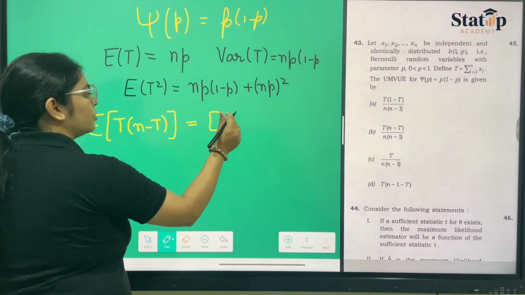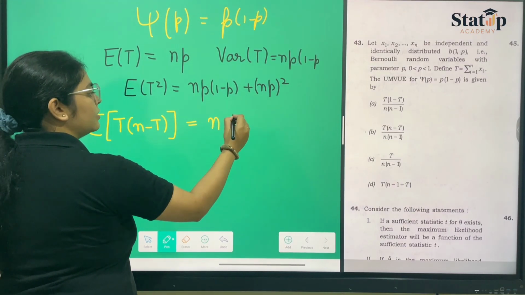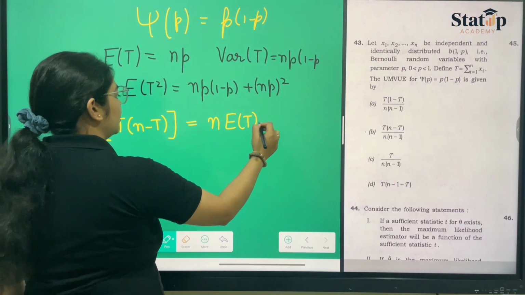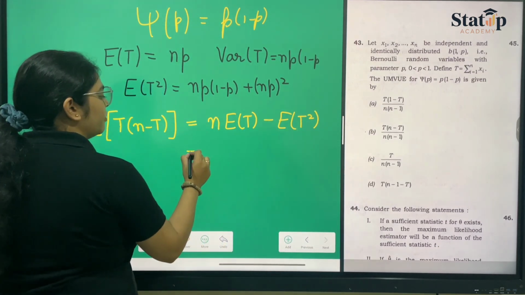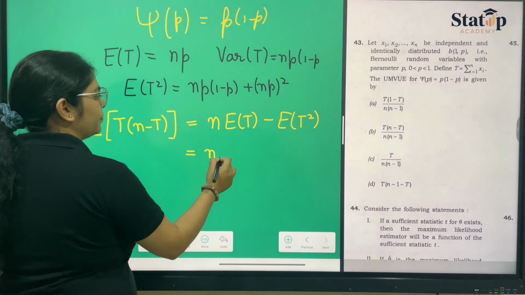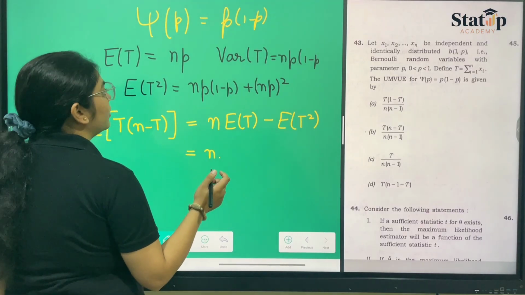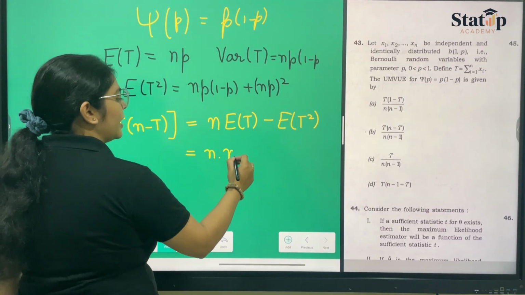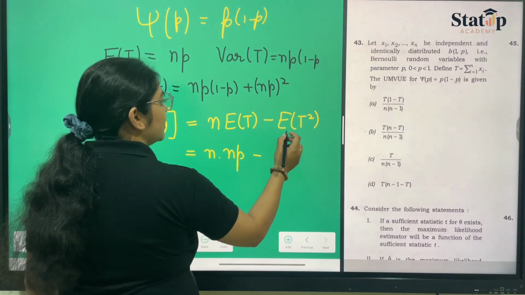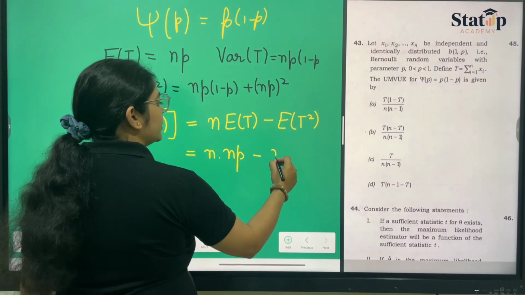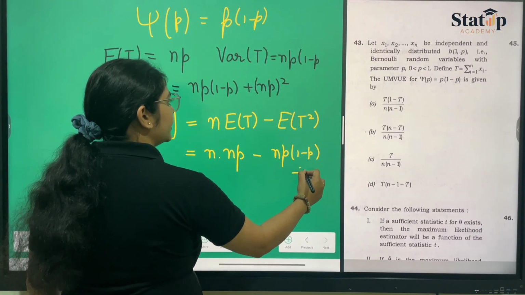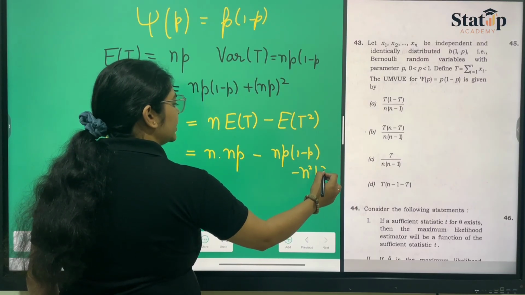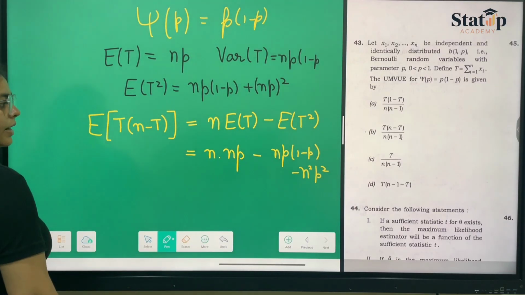It will be equal to n times expected value of T minus expected value of T square, which will be equal to n into np minus np(1 minus p) minus n square p square, right?